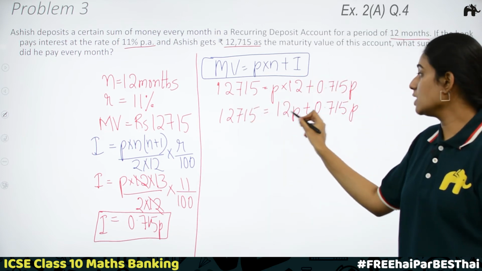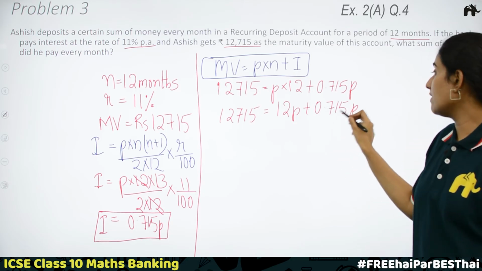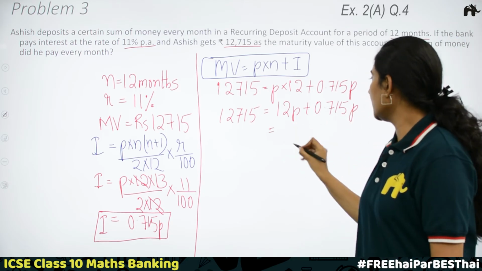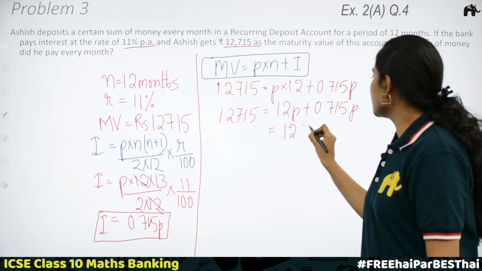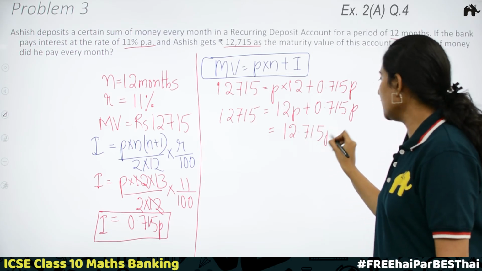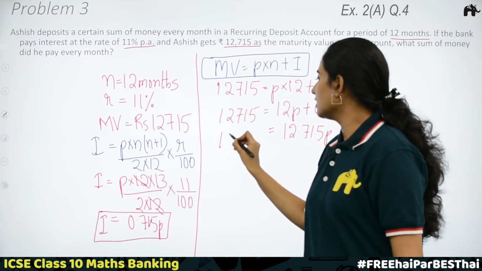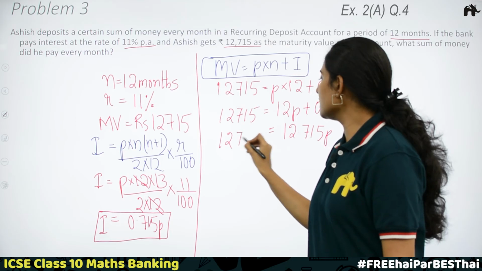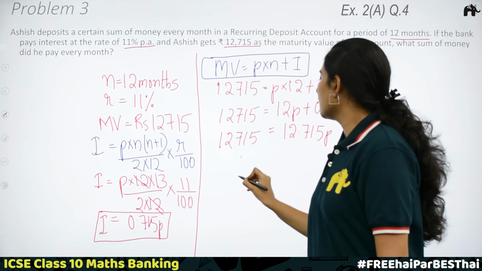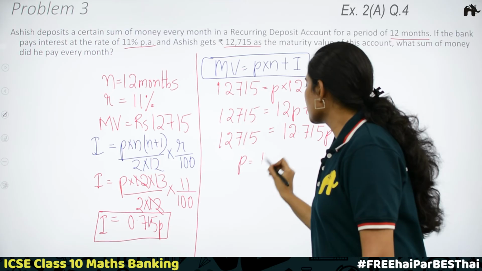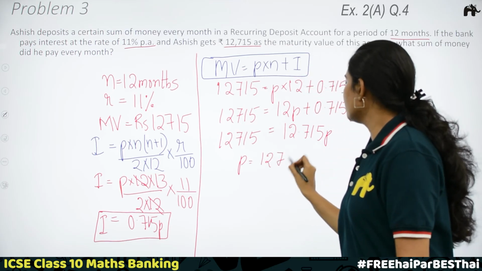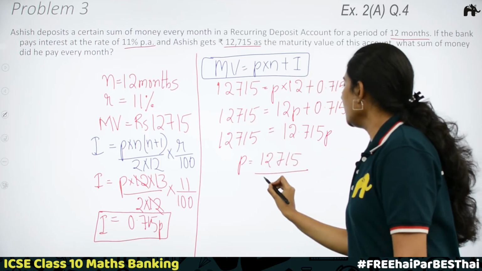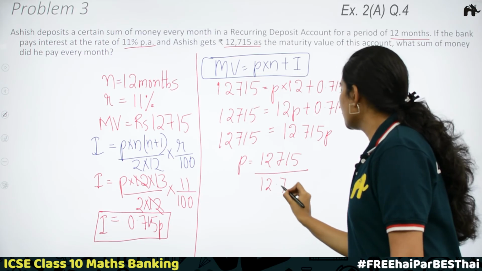Now, adding 12P and 0.715 P, we will be getting 12.715 P. On the other side, it is 12,715. Now, P is equal to 12,715 divided by 12.715.